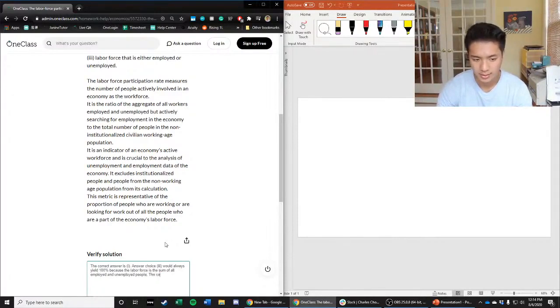The correct calculation for the labor force participation rate is the total number of people in the labor force divided by the total eligible adult population. This matches answer choice 1 the best.